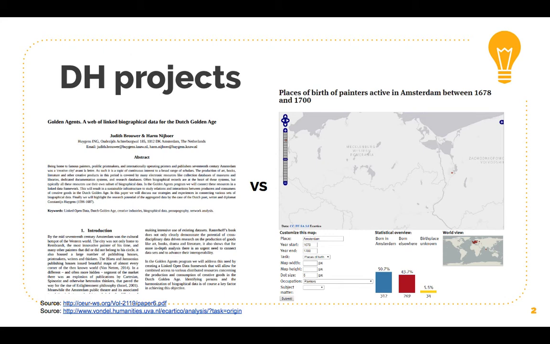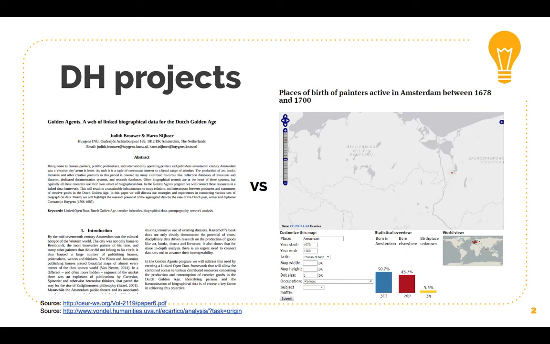So an example we have here is the project Icardico from the Netherlands, which links cultural industries in the early modern Low Countries from 1475 to 1725. On the left is a paper about this project, and simply reading about the project makes it difficult to actually see the output and understand what exactly is accomplished by this project.